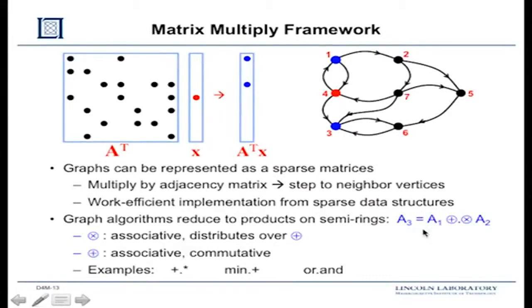So those are generalizations of normal linear algebra, whereby your two core operations, the element-wise multiply and the element addition operation, have the property that multiply is associative and distributes over the plus operation, and plus is associative and commutative. Examples of this include the traditional matrix multiply plus and multiply, min dot plus, or max dot plus.